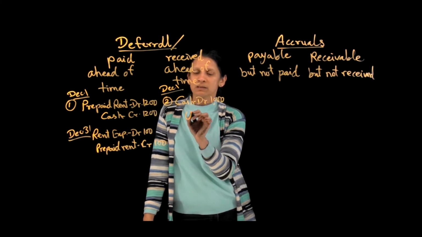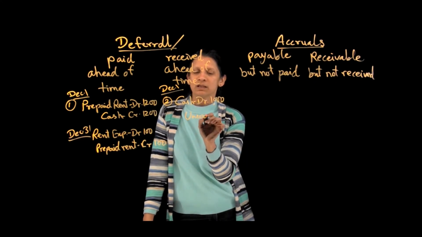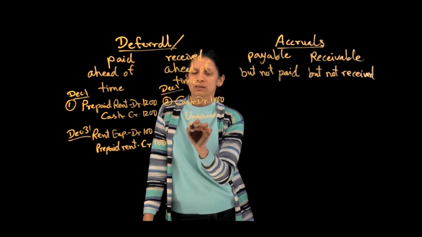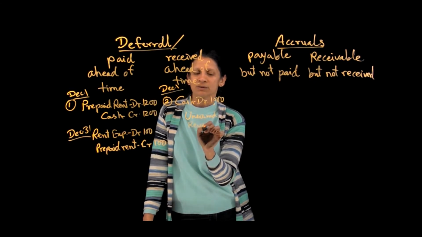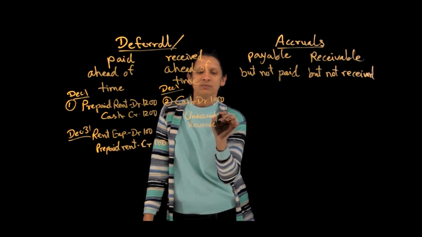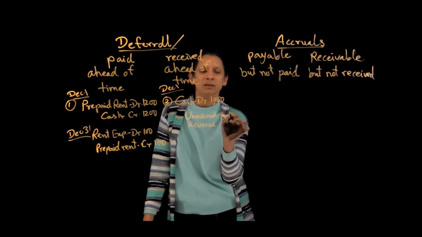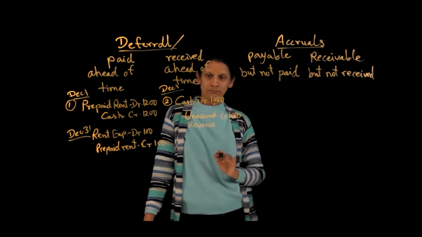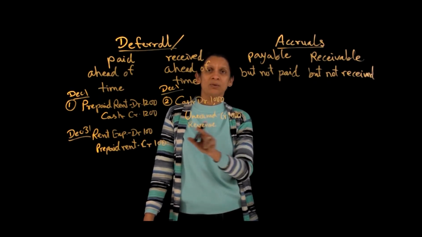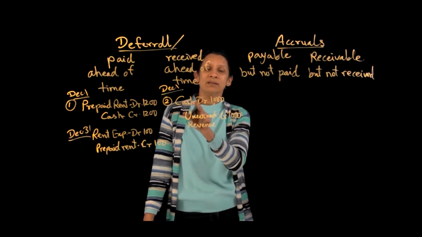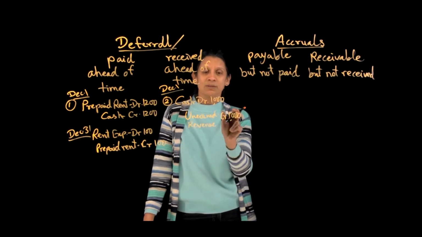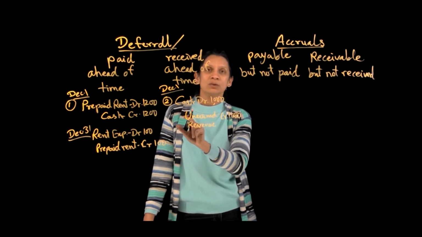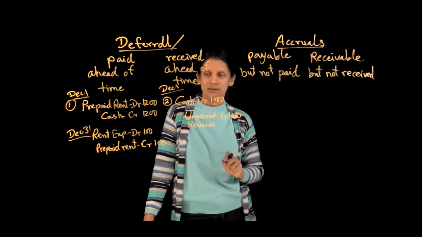That means the work is yet to be done, so it is an unearned revenue. You haven't yet given the services, so it is your liability to return the money till you give the services. So in this way, the accountant has recorded the fact that cash is received, but it is for something that is yet to be done, so it is a liability.